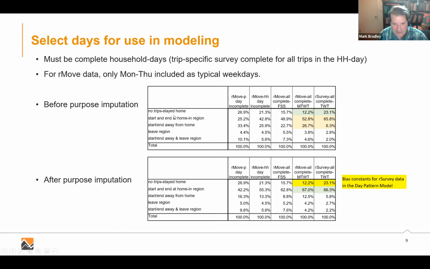So you see these types of days here in the table are days where people had no trips and stayed home, but it looks like a valid day. We want days where people start and end their day at home within the region, because the DaySim model doesn't predict people leaving the region.